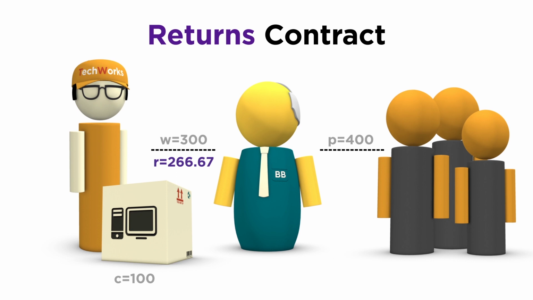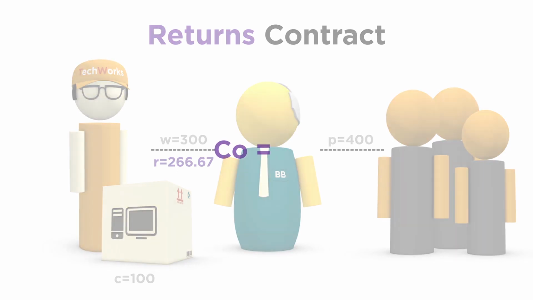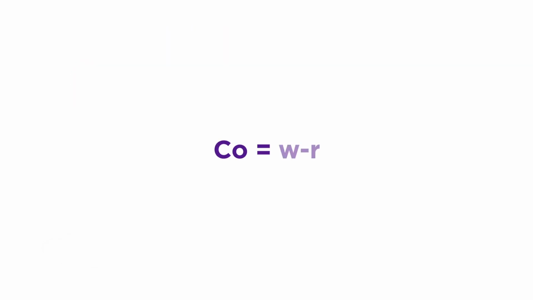Under these assumptions, John identifies the optimal order quantity for Big Box with the following calculations. The cost of overordering is wholesale price minus returns price, or $300 minus $266.67, which is equal to $33.33.